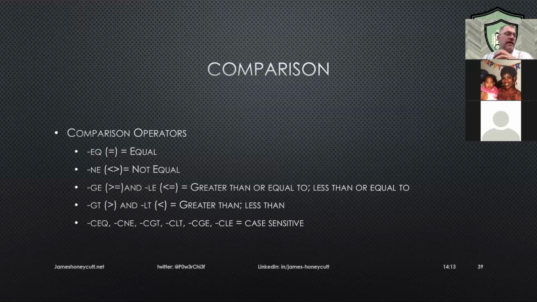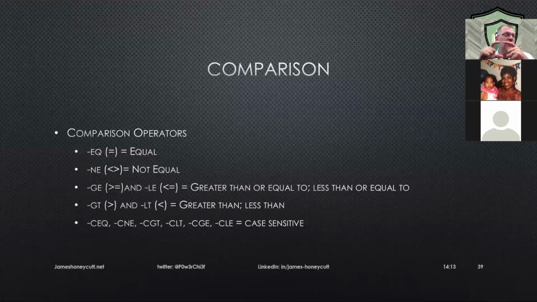Now, inside the parentheses here, I have the symbols for what these letters are. Just know that these symbols can be used in certain languages. They cannot be used in PowerShell. I've tried using these before because of, I think, Bash or something.